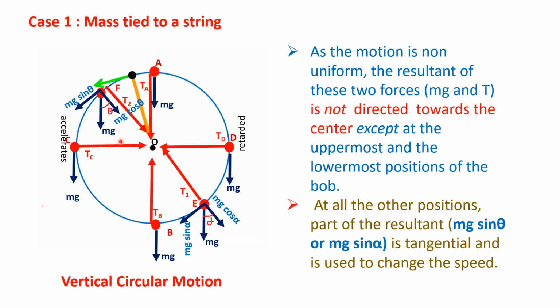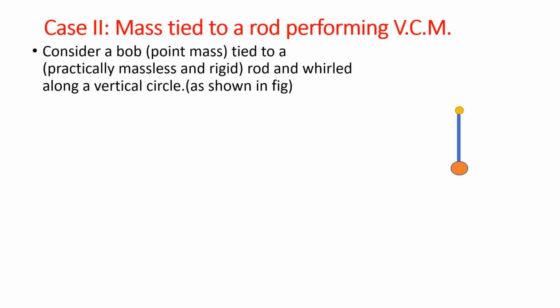And the tension components, which are directed towards the center, are used to change the direction of this vertical circular motion. This is a vertical circular motion controlled only by gravity.